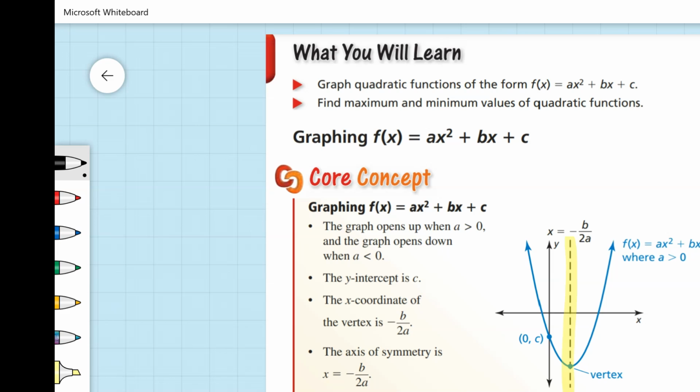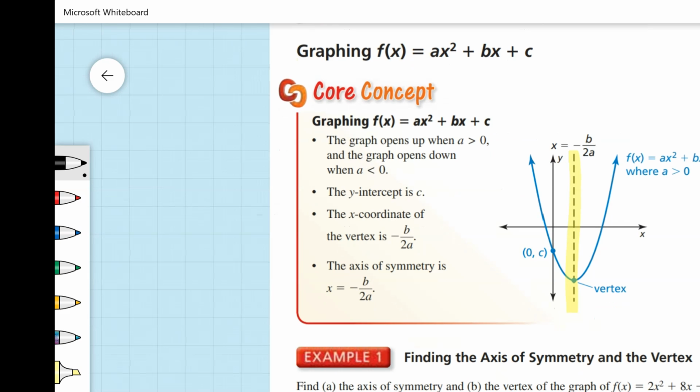So we know that our axis of symmetry will be x equals negative b over 2a. So that means negative 8 over 2 times 2. So that's negative 8 over 4. So our axis of symmetry will be at x equals negative 2.